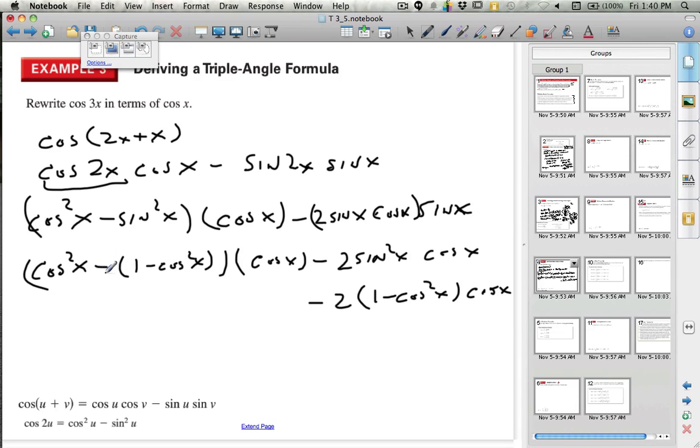We have cosine minus negative cosine. That's 2 cosine squared x minus 1 times cosine of x. And over here we'll get, if I go ahead and distribute this, 2 cosine cubed x minus cosine of x.